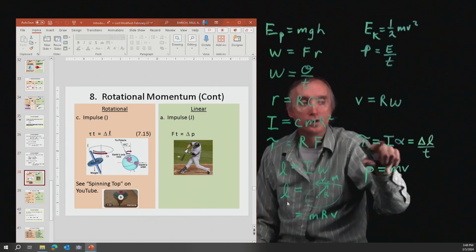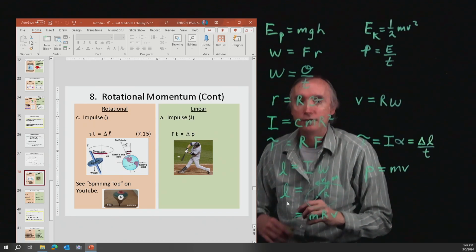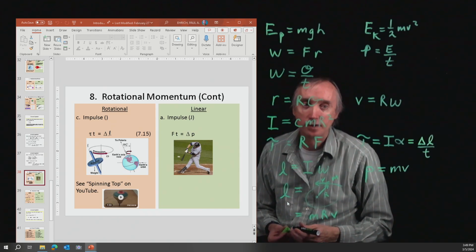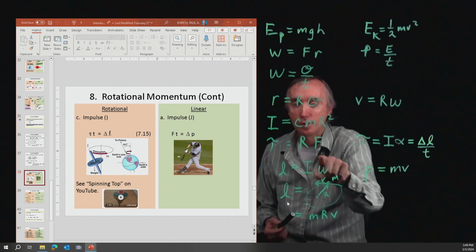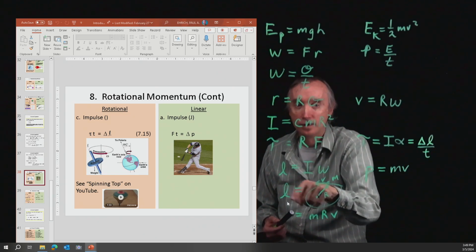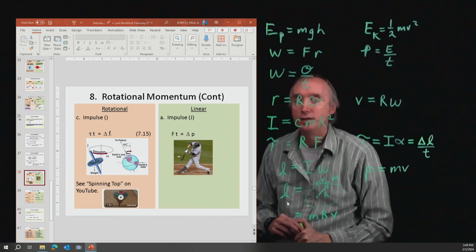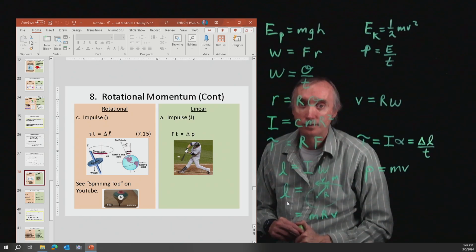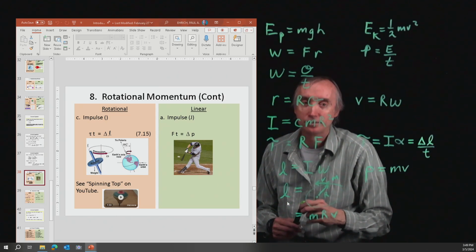So a torque changes the angular momentum of a system. If there is no torque, then the momentum doesn't change. And that's what we've just been doing right down here. Conservation of angular momentum.